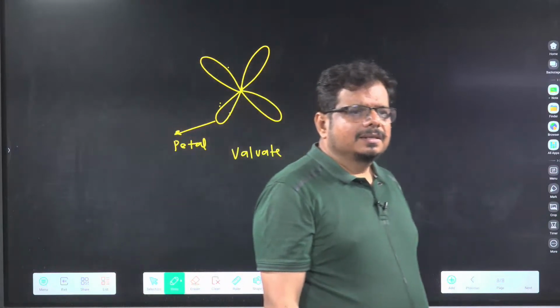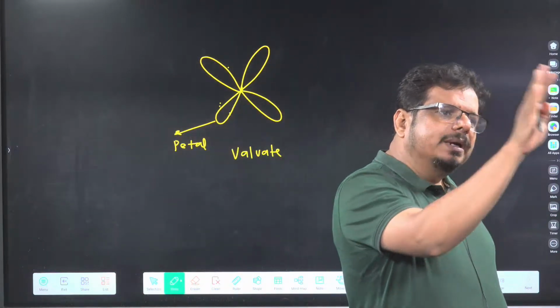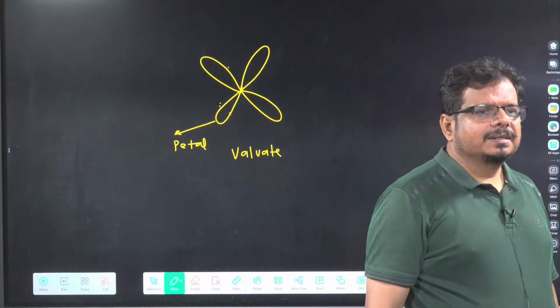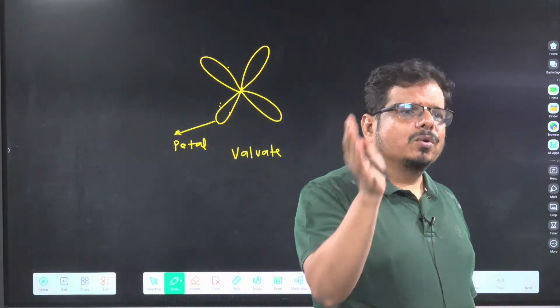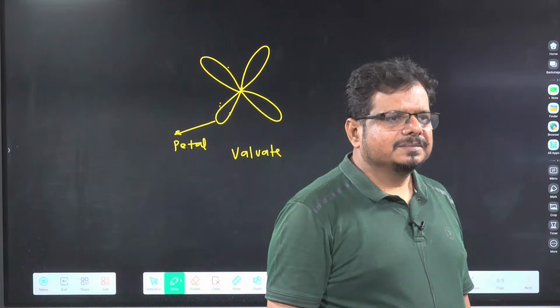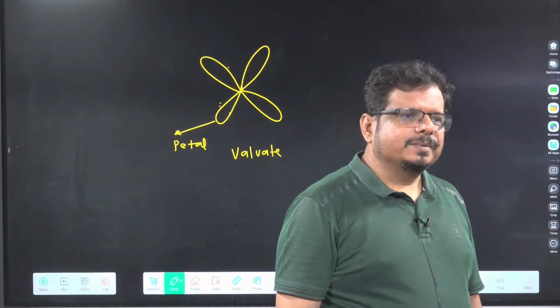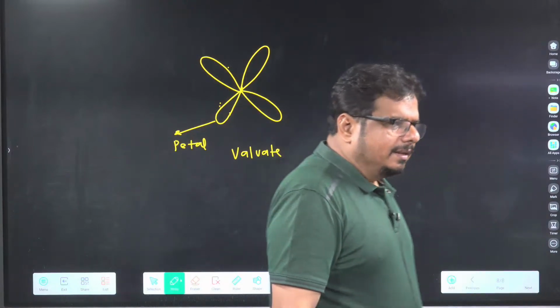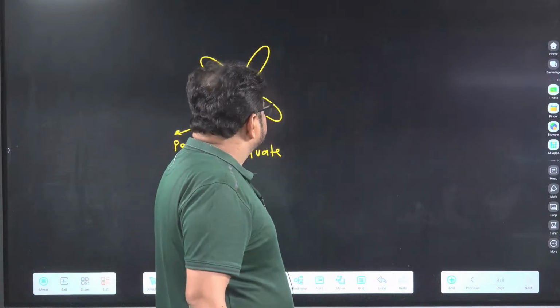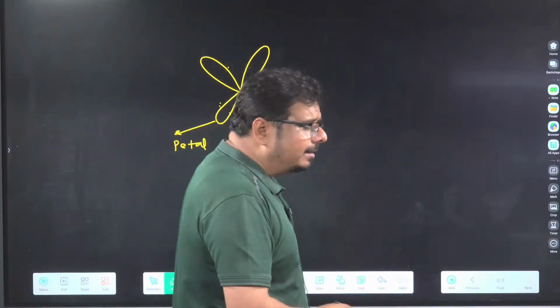So when a sepal does not overlap the other sepal, when a petal does not overlap the other petal, it is called which one? Valvate. They may touch together, but what must not be there?